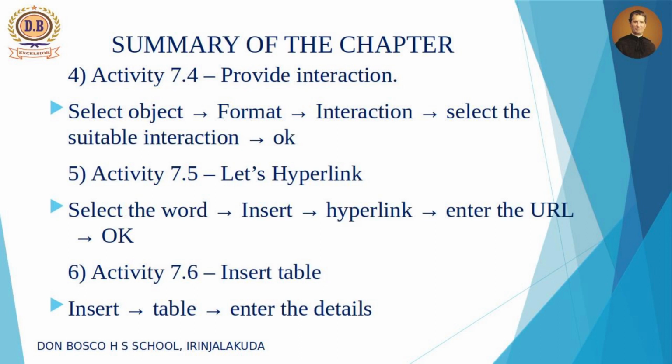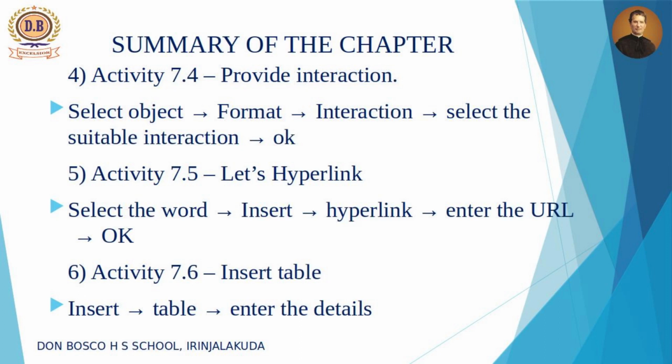So in that target box, type the web page address, which means the URL address. Here we have entered the URL address of Wikipedia related to global warming. So enter the URL address, and the text you have selected will appear in the text box. And that text, here we have selected the global warming text, is known as markup text. So this is the next activity, activity 7.5.